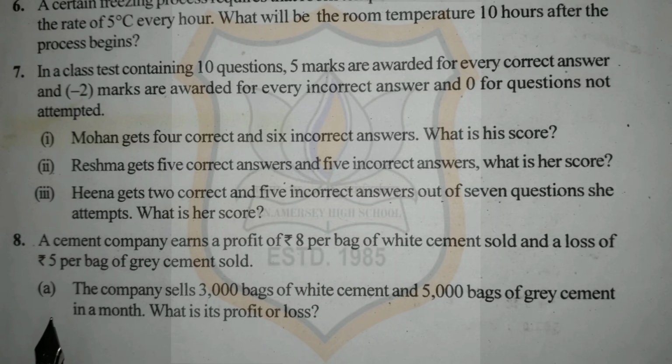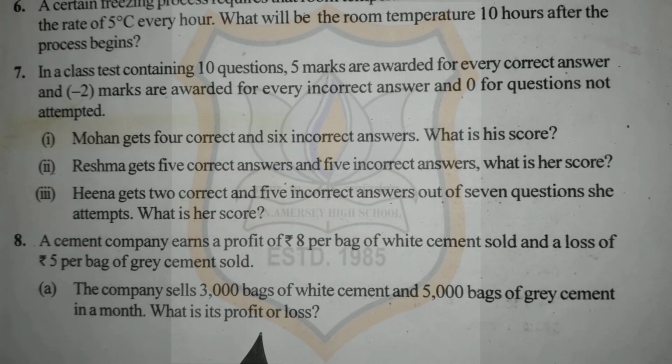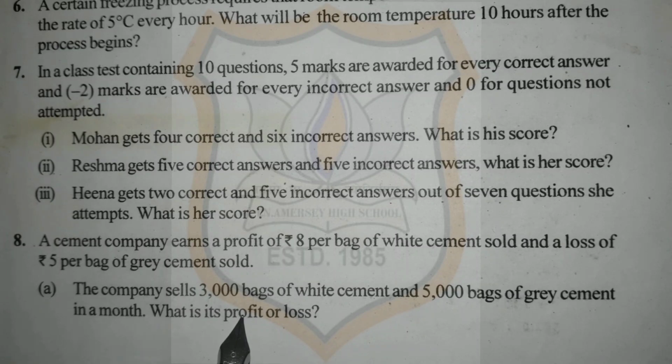Now, A part of question number 8 is, a company sells 3000 bags of white cement and 5000 bags of grey cement in a month. What is its profit or loss? Here we are asked that if the company sells 3000 bags of white cement and 5000 bags of grey cement in a month, will it gain profit or suffer loss?